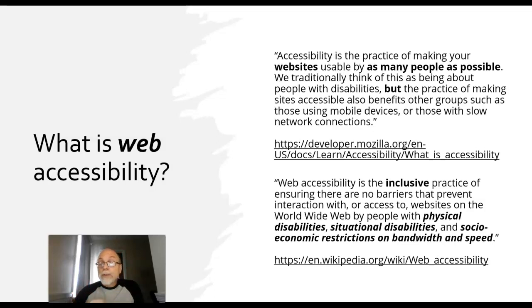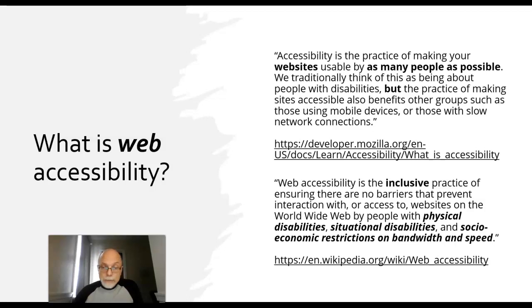And according to the Mozilla Developer Network, accessibility is the practice of making your websites usable by as many people as possible. We traditionally think of this as being about people with disabilities, but the practice of making sites accessible also benefits other groups, such as those using mobile devices or those with slow network connections. That's from the Mozilla developer documentation.